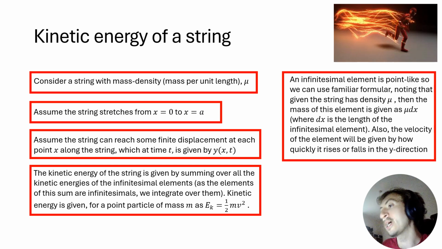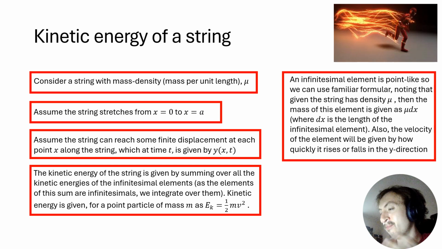And then once we have the infinitesimal kinetic energy, we just sum over the kinetic energy of all these infinitesimal segments to get the total energy within our string as a whole. And because we're summing over all infinitesimal segments, we're doing a very special kind of sum, because we're summing an infinite number of things, each with an infinitely small contribution.